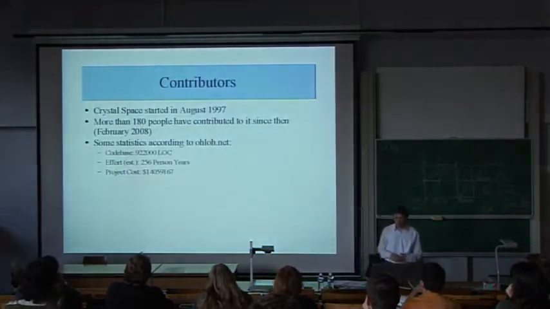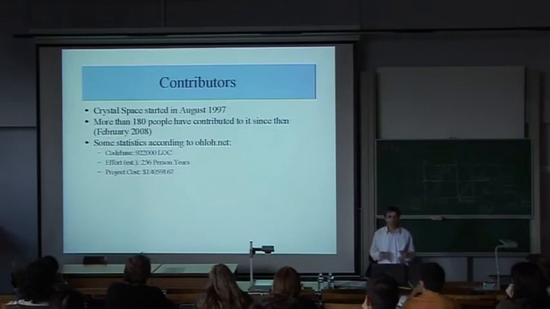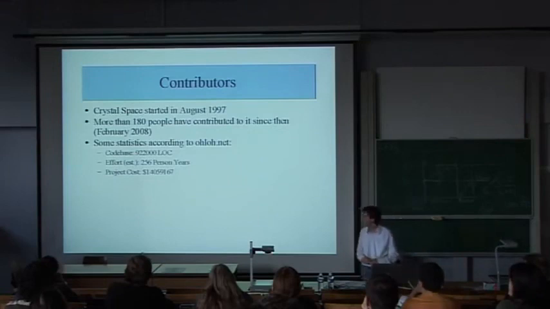So we started in August 1997, and about 180 people have contributed since then. Most of them very small contributions. There are a few bigger ones. So we have registered our project on Ohloh, and according to them, we have about 900,000 lines of code. Most of that is C++.